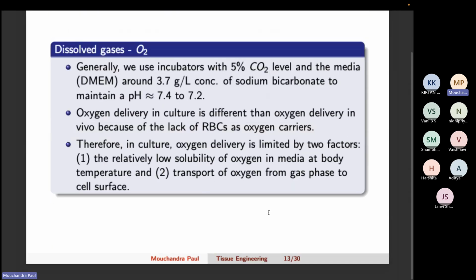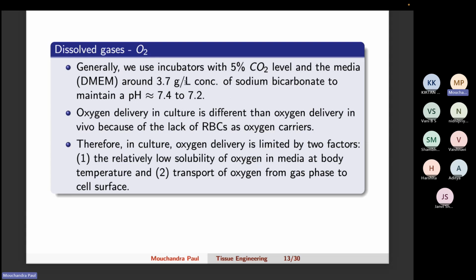You don't need to do it every time. It's pretty standardized, and if you go to a lab, they will teach you that you have to use this much sodium bicarbonate for an incubator that is set at, say, 5% or 10% CO2 level. That is why we don't do this pH calculation every time. We know this is standardized, so we always follow it.